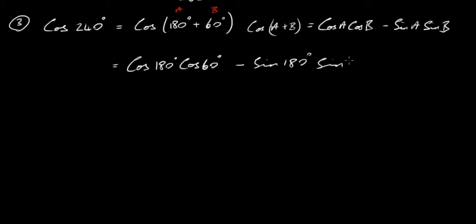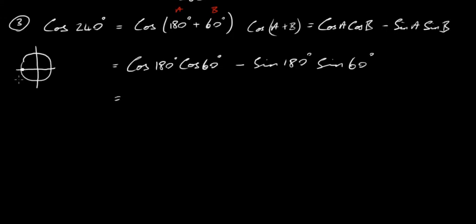Now the cosine of 180 degrees. If you remember from your unit circle here, each point here is just cos A, sine A for any angle A. So this is 180 degrees here. The coordinates of that are minus 1, 0.